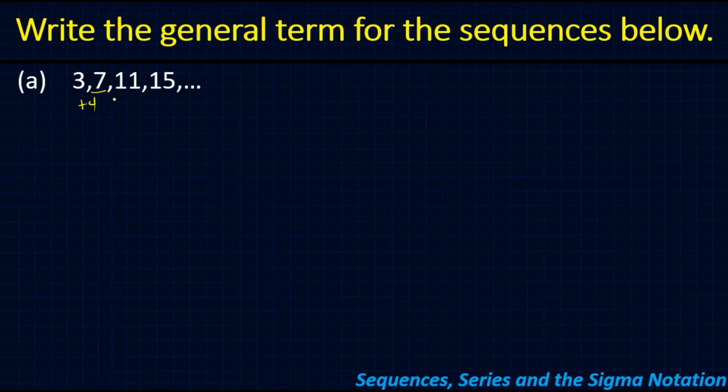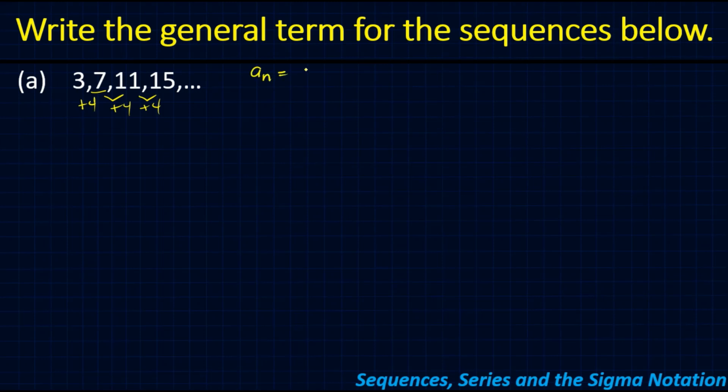Plus 4. To obtain 11, anong gagawin natin sa 7? Plus 4 din. Okay, so anong gagawin uli natin sa 11 to obtain 15? Plus 4. So again, we have common differences. So therefore, gagamitin natin arithmetic sequence.